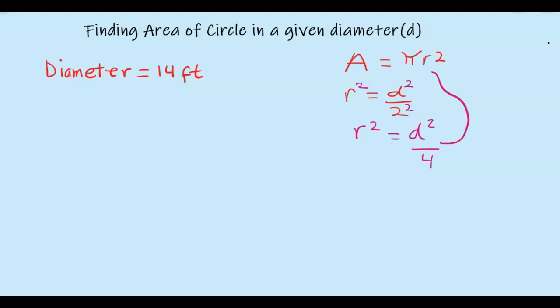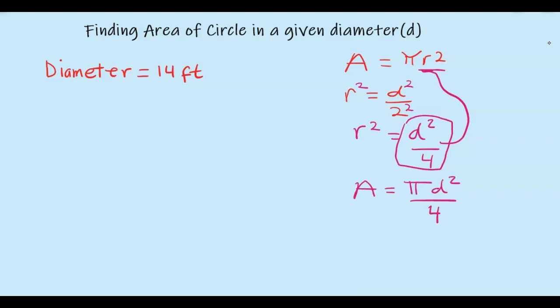So we replace the r squared with this, and therefore the area in terms of the diameter is pi d squared all over 4.